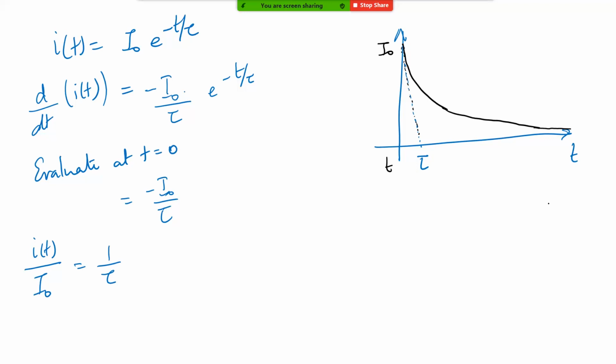I've even seen this in class 12 textbooks, but I never knew the significance of this. It only says that if the decay is according to the initial rate, then it will take only tau time for the current to become zero. But what's its significance, what's its application?